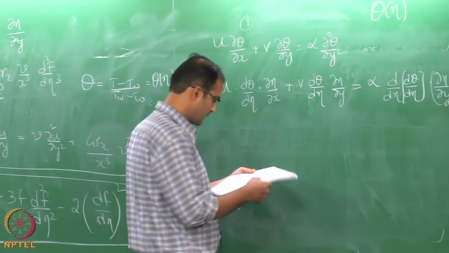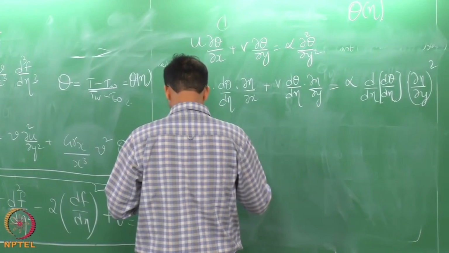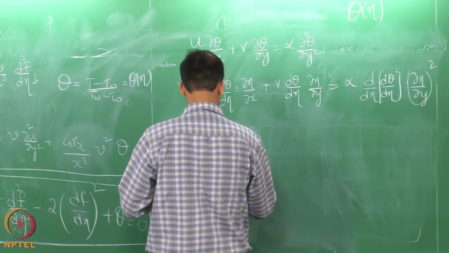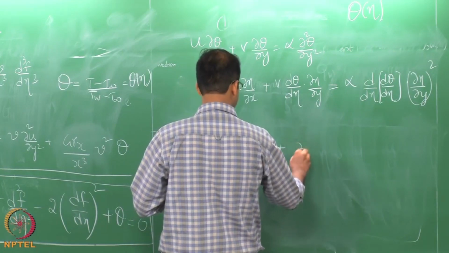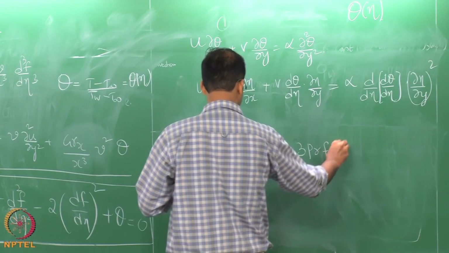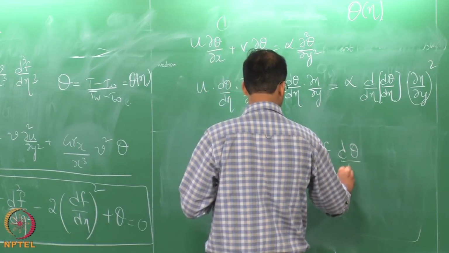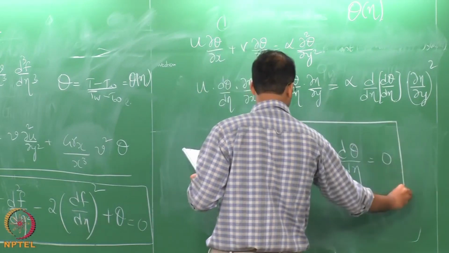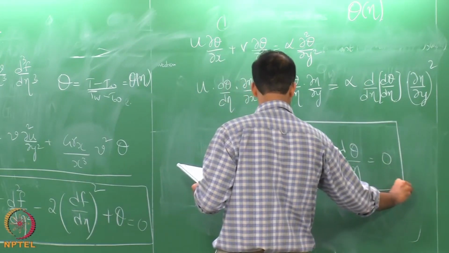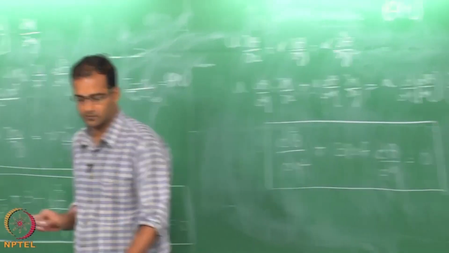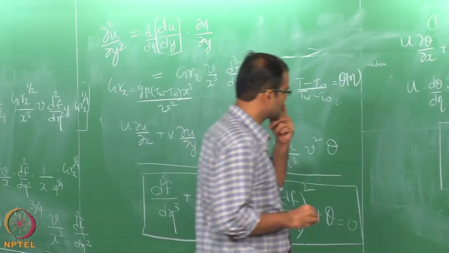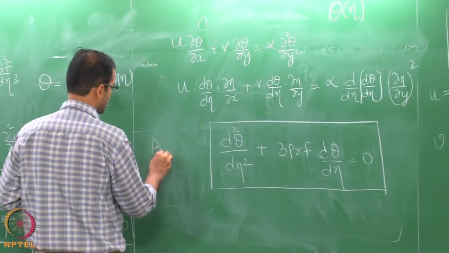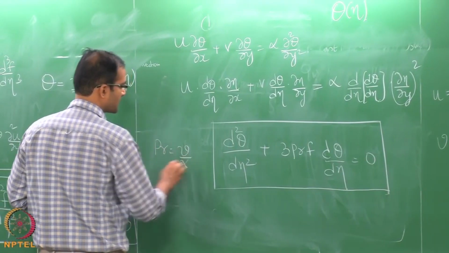So I will again give you the final similarity equation for energy, d square theta by d eta square plus 3 times Prandtl number, where Prandtl number is the ratio of momentum to thermal diffusion.